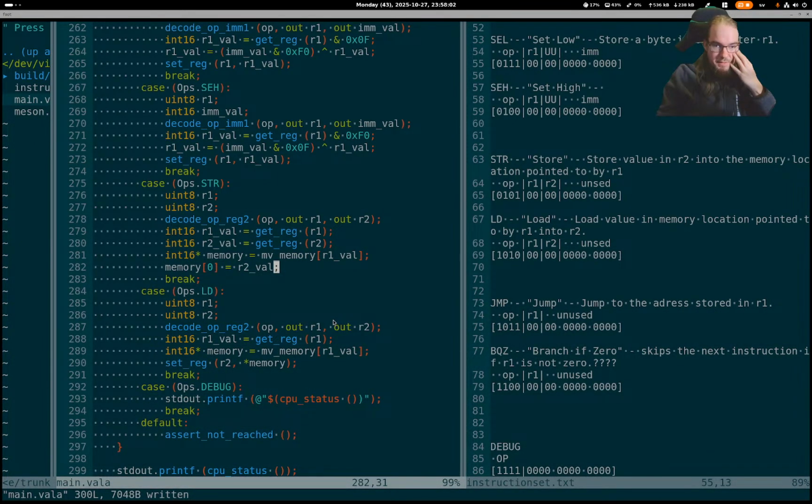Set the program counter forward. I'm going to set the program counter to whatever is in R1. And then we're going to increment the program counter by 1. So two last operations.